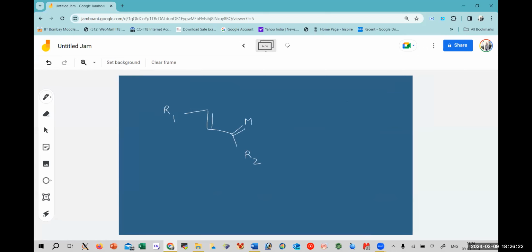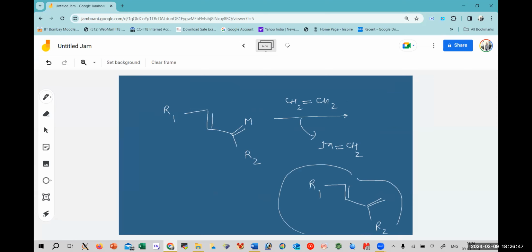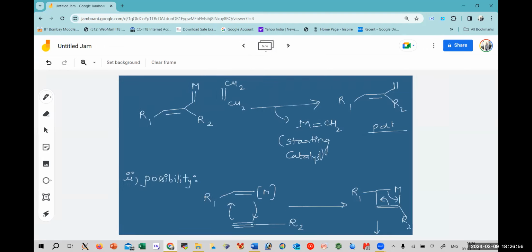This is having your metal. Once it is being treated with CH2=CH2, it will release your active species. And instead of this one, we will end up having this, which is your second possibility, and this becomes compared to this particular species.